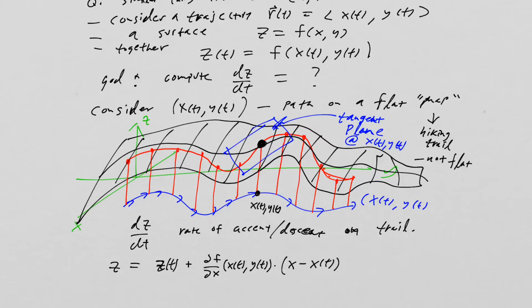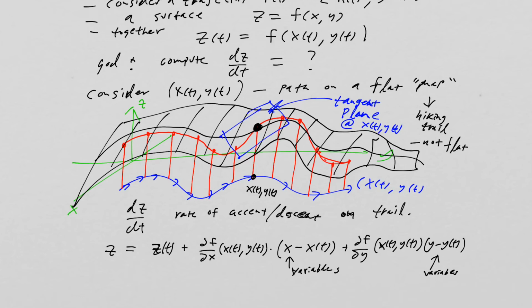And then we're also going to have plus the partial derivative of f with respect to y, evaluated at x of t, y of t, and then times y minus y of t. Okay, think of these as basically variables, x and y.